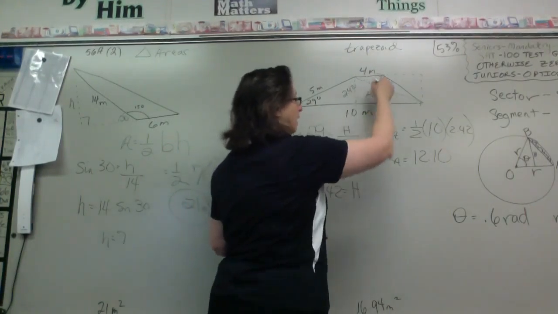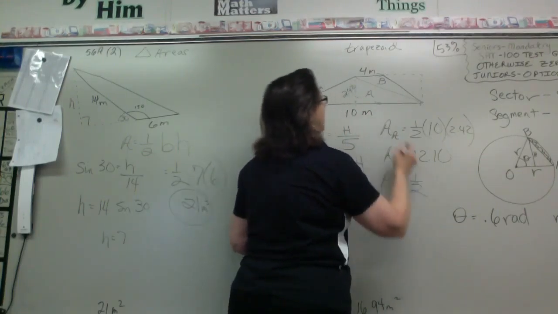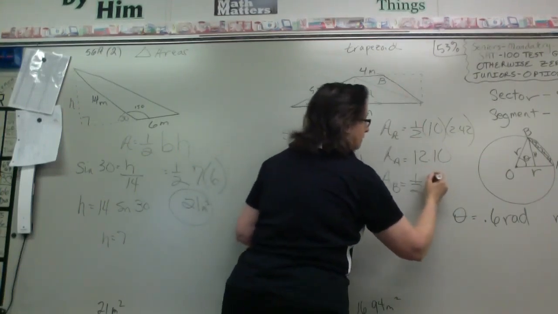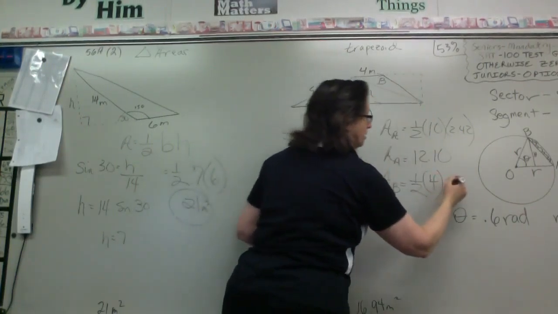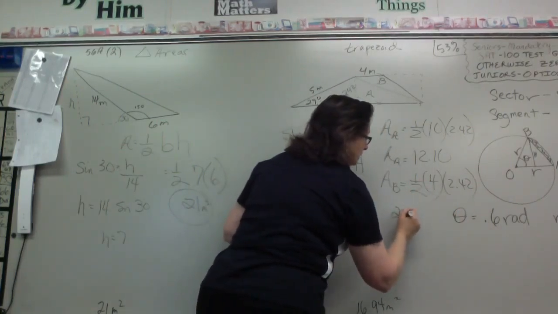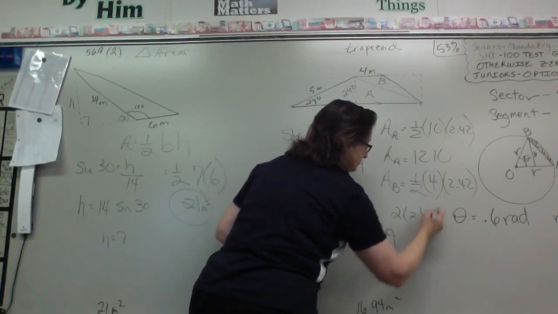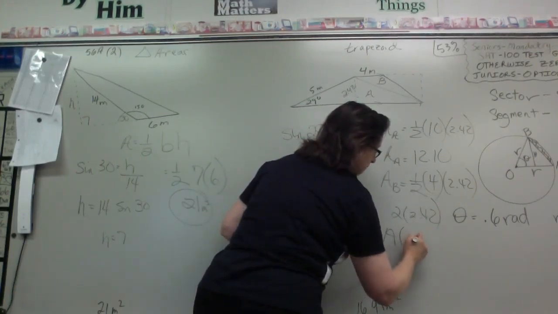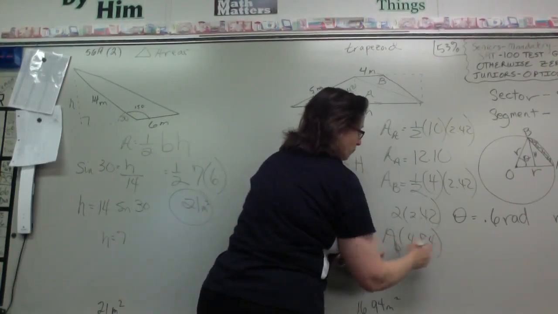The area of B is going to be 1/2 base, but we're going to call this the base, 4, and its height is still going to be 2.42. So 2 times 2.42 is area B. And what is that? 4.84. So the area of B is 4.84.